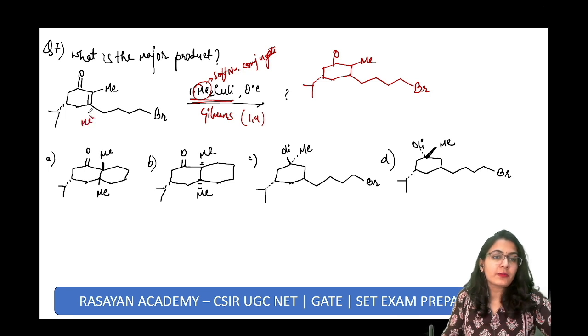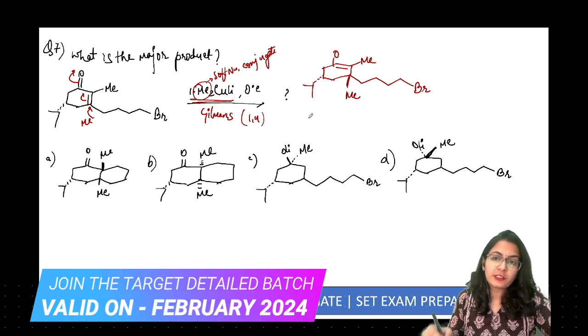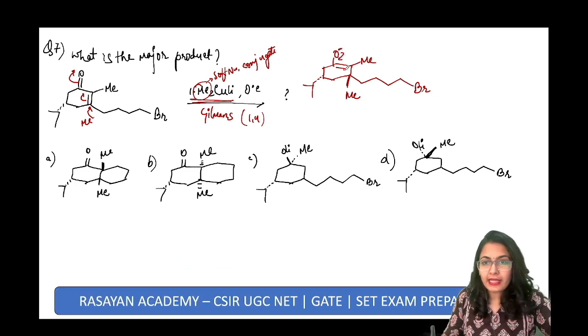So the methyl is going to attack over here. This is how the bond is going to open up, and it gives you something like this. Also, since there is an isopropyl group which is present below, methyl has attacked above. Now it is going to fall back and simply attack over this carbon. Br minus is going to eliminate.